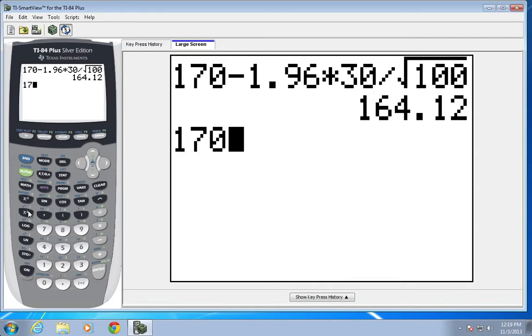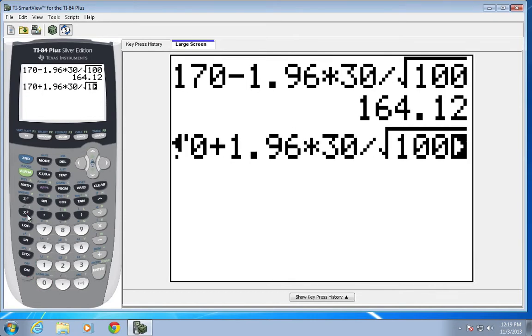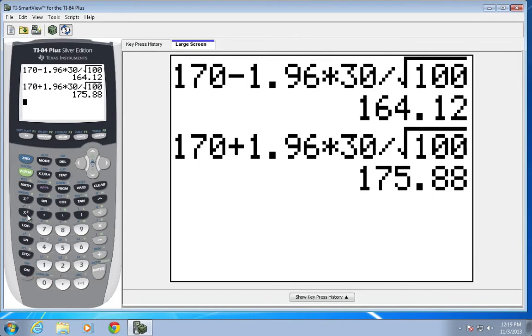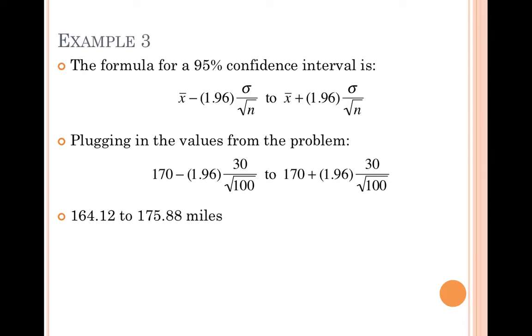And then the upper limit of the confidence interval, we take 170 plus 1.96 times 30 divided by the square root of 100. And that gives us the upper limit. So it is 164.12 to 175.88 miles. And that is our range of values.